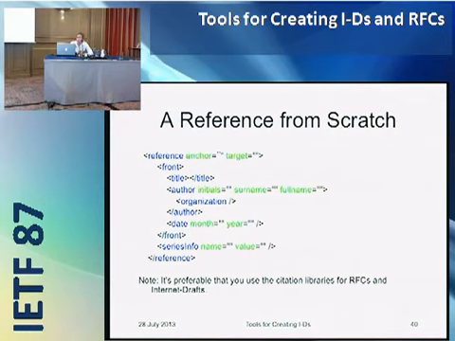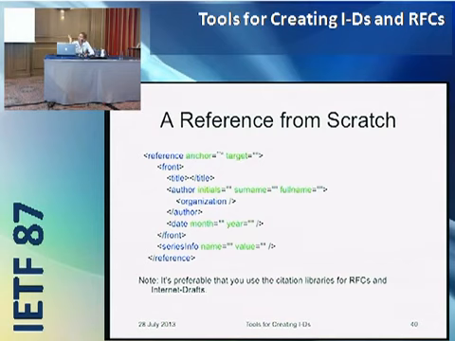Another thing to point out is the anchor is the one that corresponds to the target of the xref. So that's the name of the reference that is probably going to appear in square brackets if you have simrefs equals yes. Then target is for a URL.